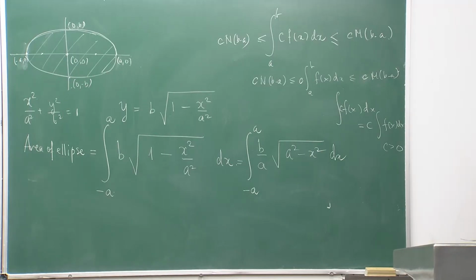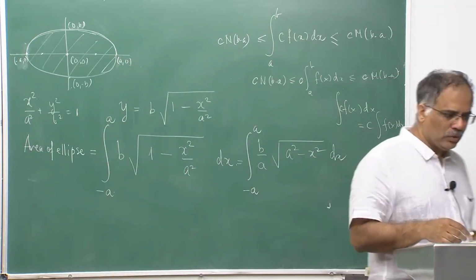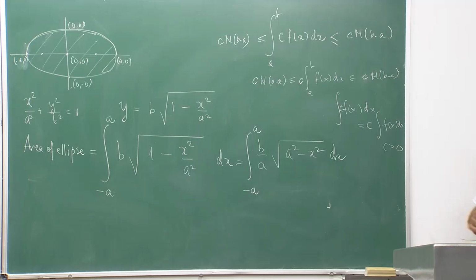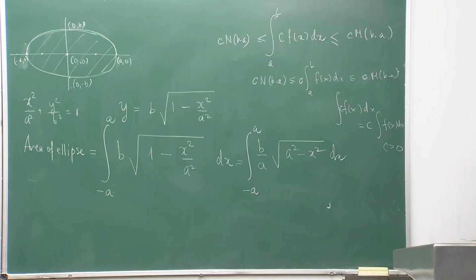So this is simply an intuitive idea. I have not done any rigorous proof there; rigorous proofs come later on. Once this intuitive idea is known, what am I supposed to do?